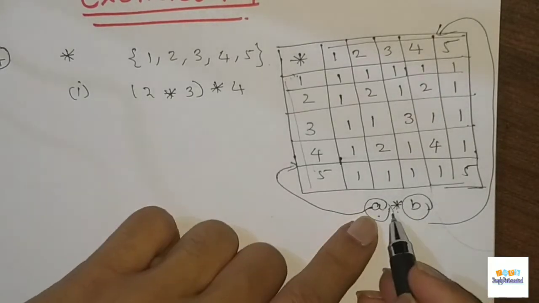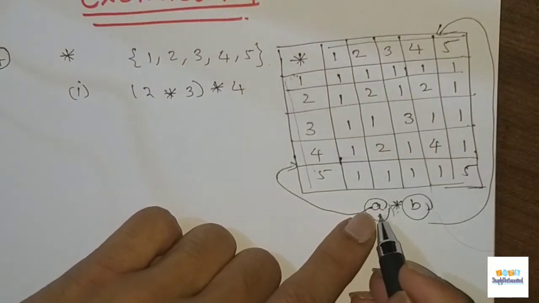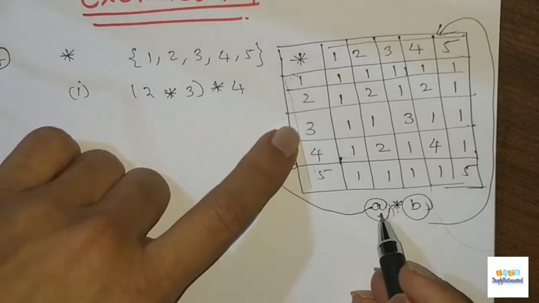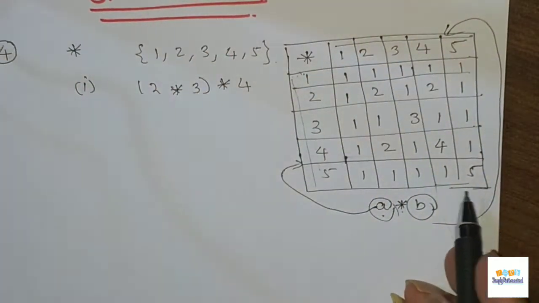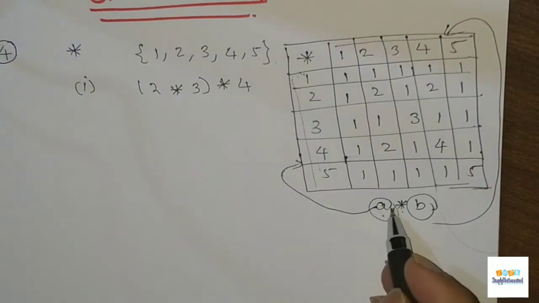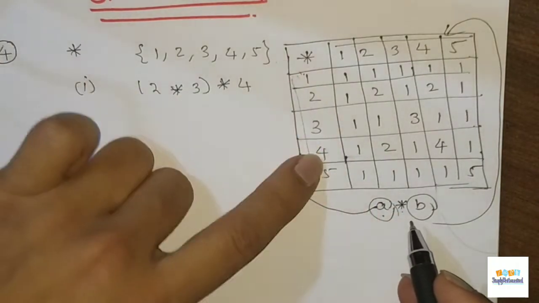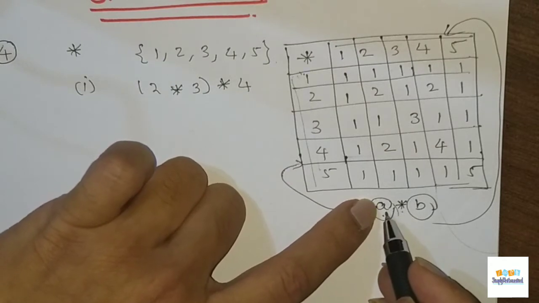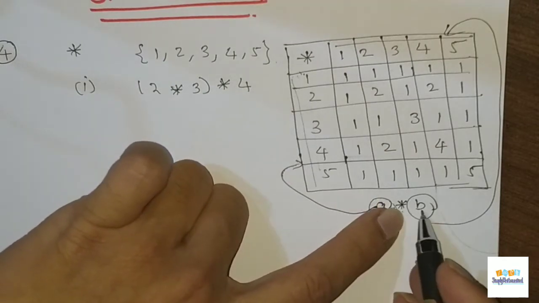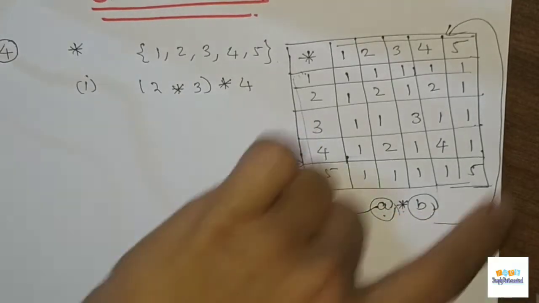If you write b star a, then b will be in this column and a in this row. So don't confuse: a means the element on the left hand side of the operation star, b is on the right hand side, so a will be here, b will be here.